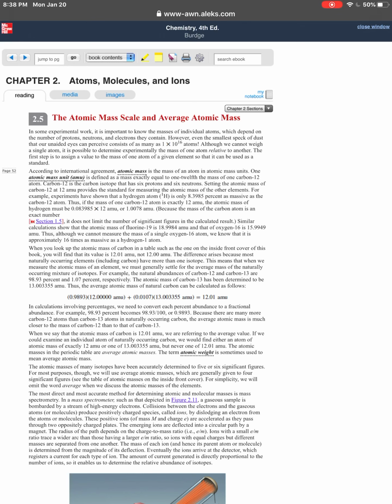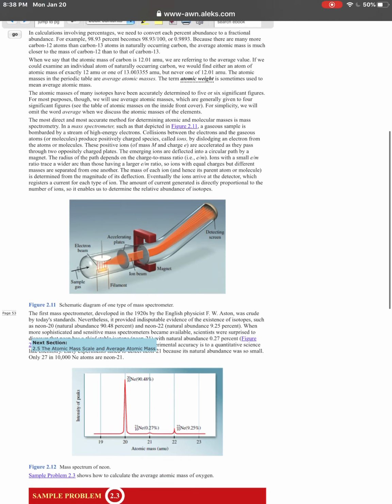So if you measure carbon in nature, what you get is a mass that's an average of the two. And so you get this average here, which is 12.01 AMU, and that's the atomic mass. It used to be called atomic weight, but we refer to it now as atomic mass.